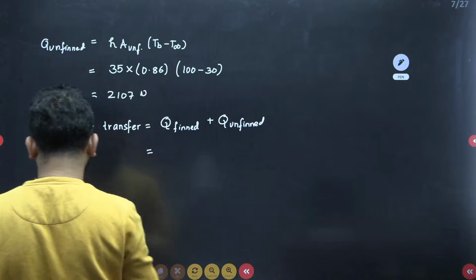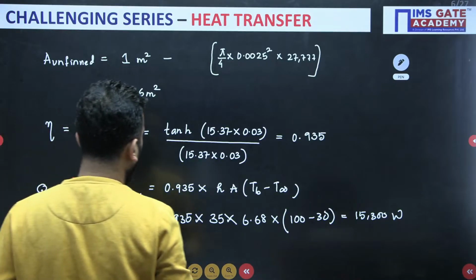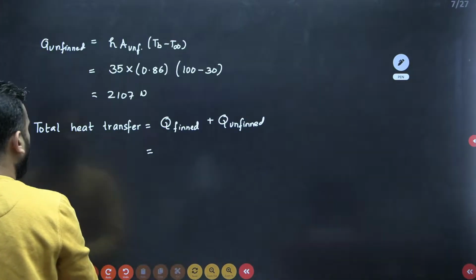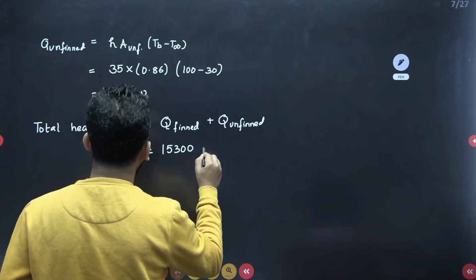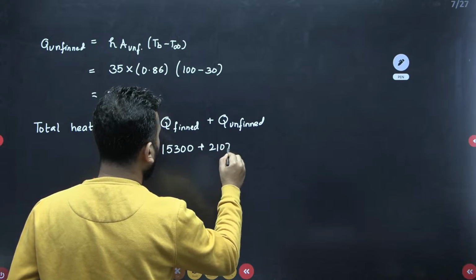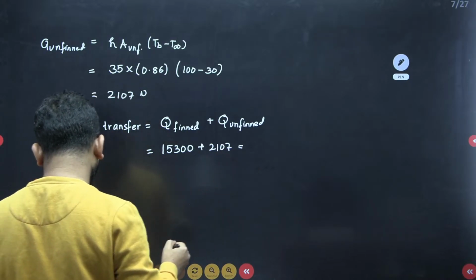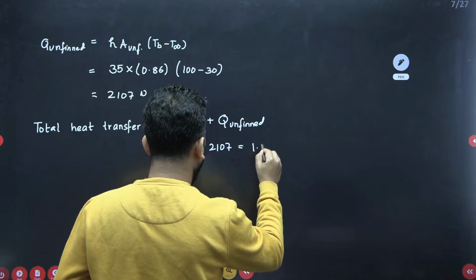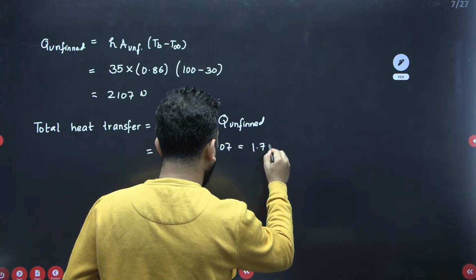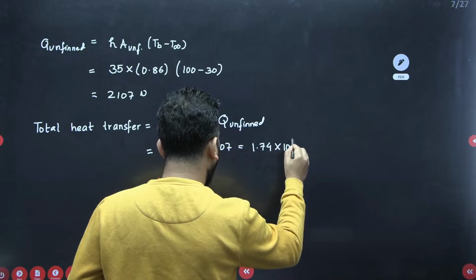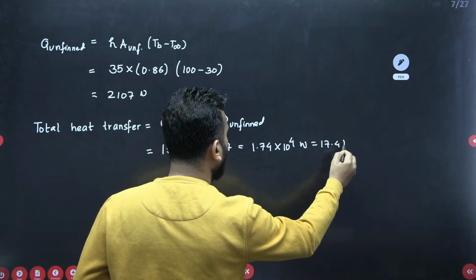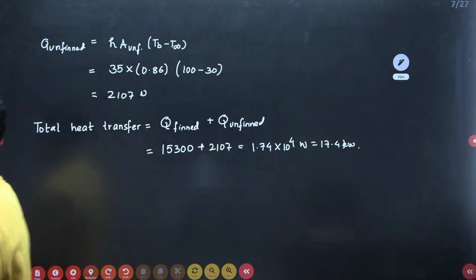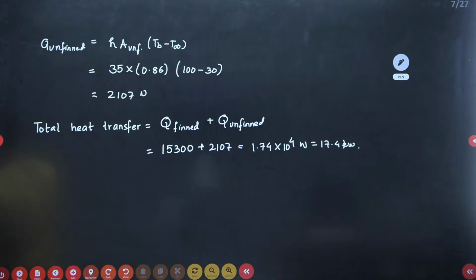So Q from finned we got as 15,300 and Q from unfinned we got as 2107, and if you add them you will be getting 1.74 into 10 to the power 4 watt, or 17.4 kilowatt. This is the first part of the problem where he is asking the heat transfer.